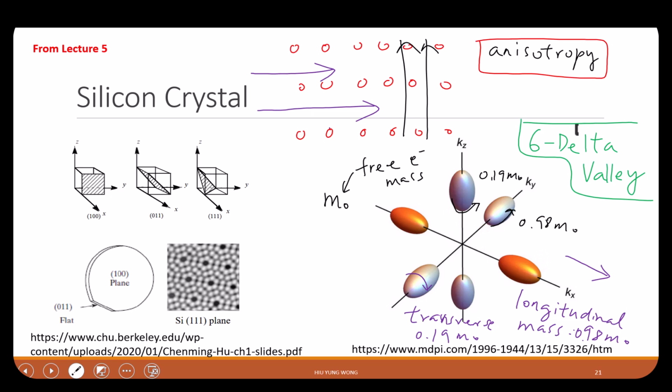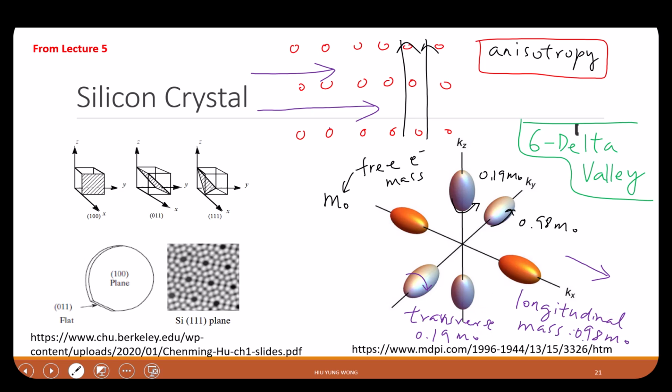And then during the transport, for those with high curvature, you have low effective mass. Those with low curvature, you have high effective mass. So for the electron, for example, here, transporting in the x direction, you have a longitudinal transport along this low curvature direction. So you have a high effective mass, which is 0.98 of the rest electron.